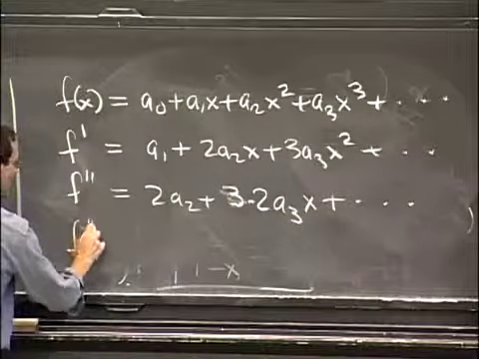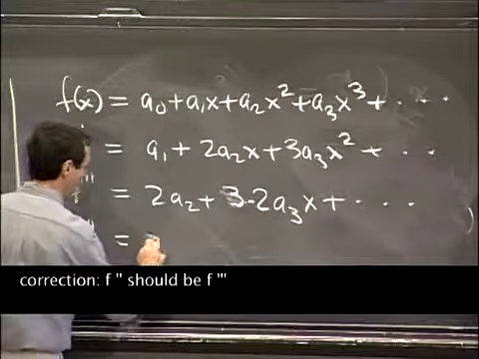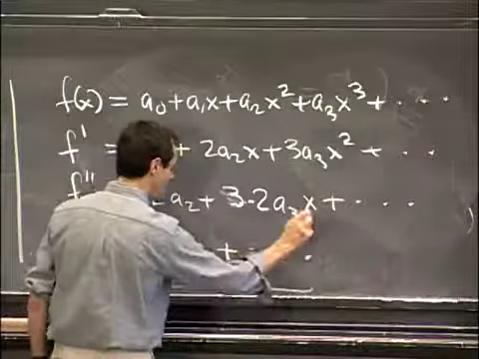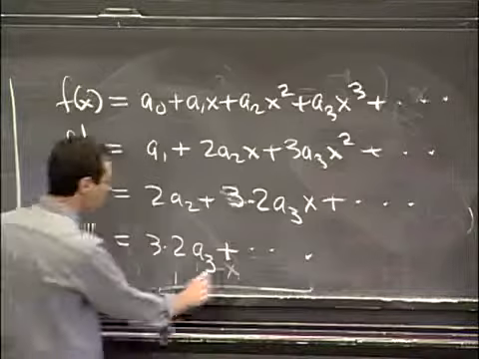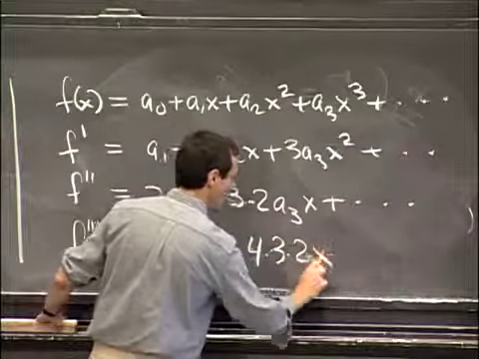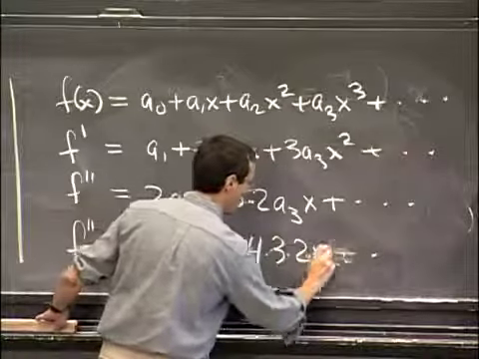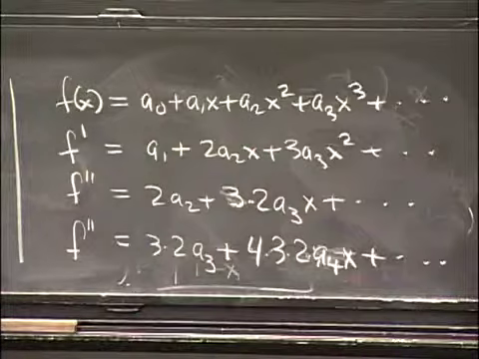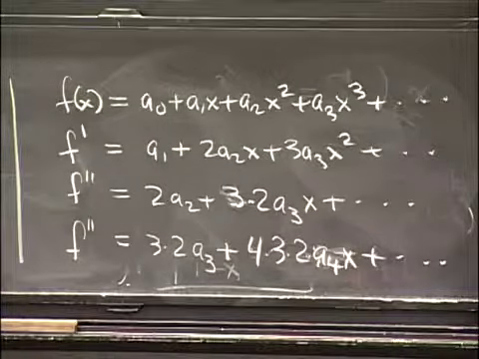And now a third time, I get 3 times 2 a3 plus etc. So this next term is really in disguise 4 times 3 times 2 a4x. That's what really comes down if I kept track of the fourth term there.